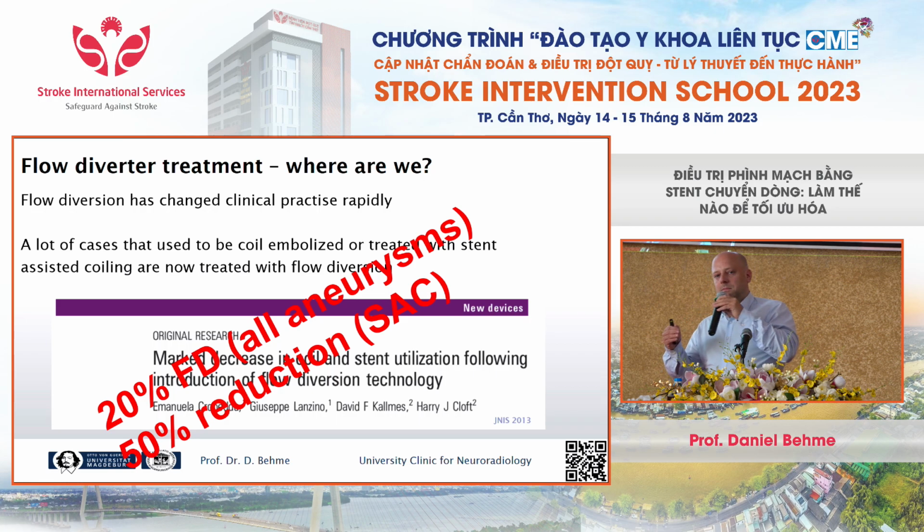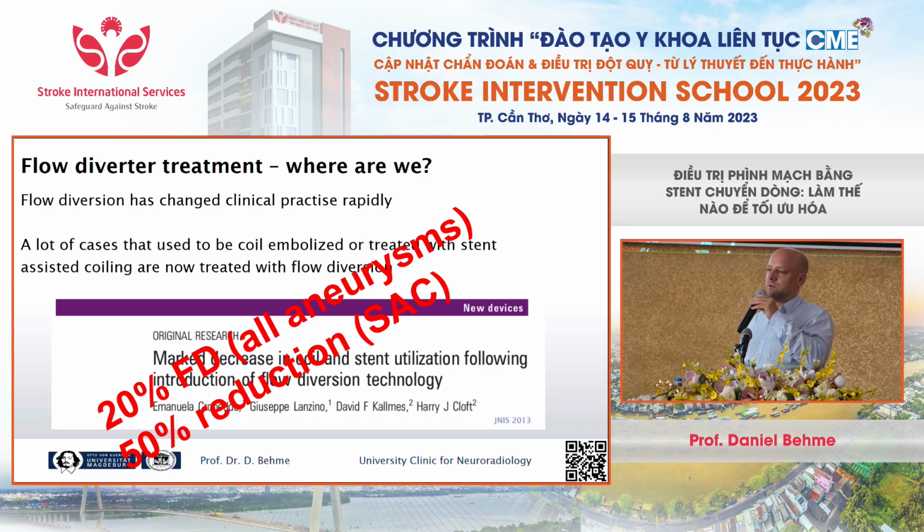If I think about my department, that holds true for me as well, up to 20–25% flow diverters.